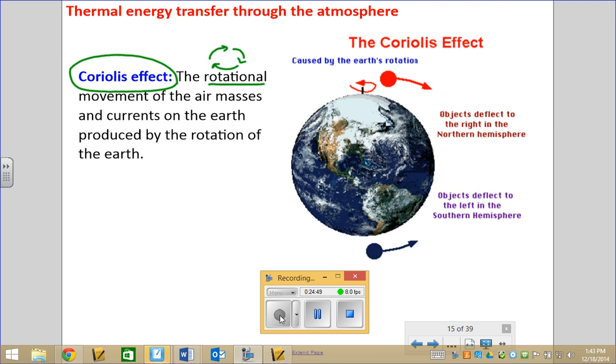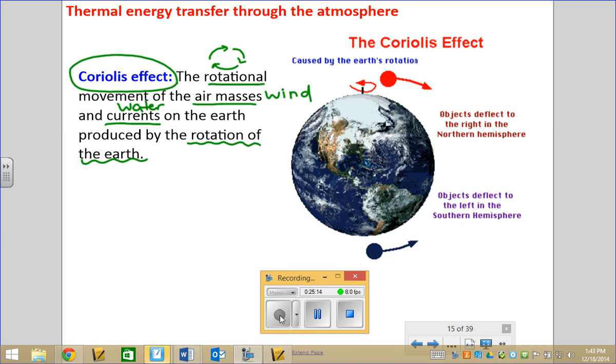Rotational means in a circle. So we're talking about wind, we're talking about water. It's the rotational movement of air masses and currents on the Earth produced by the rotation of the Earth.